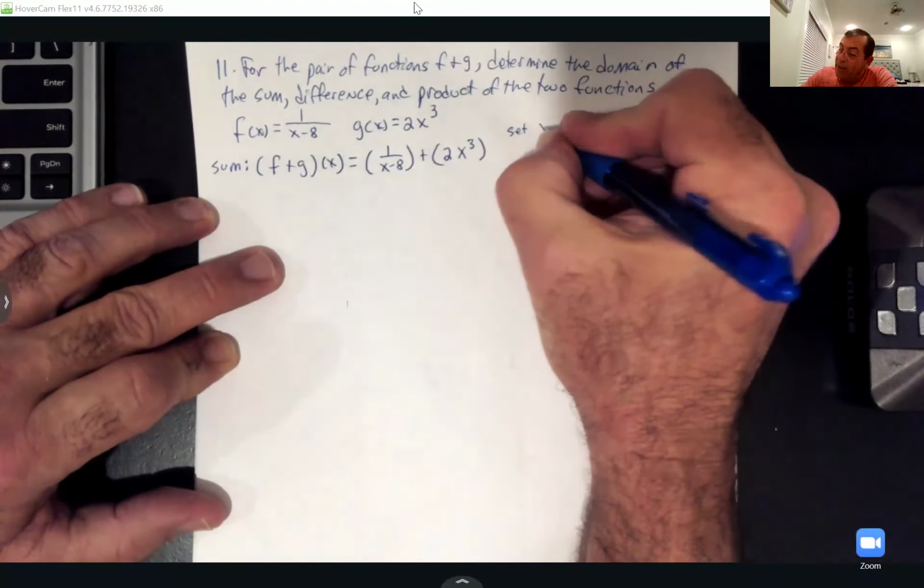Now they're giving me f of x equals 7x minus 5. g of x equals 5x minus 35.